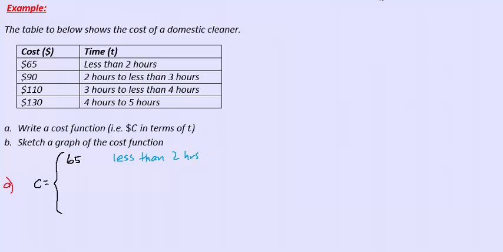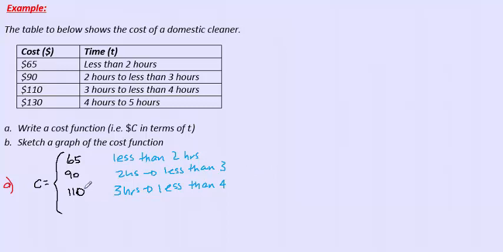The next cost is $90, and this is from 2 hours to less than 3 hours. And the next bracket is $110, and that is from 3 hours to less than 4. And so on.